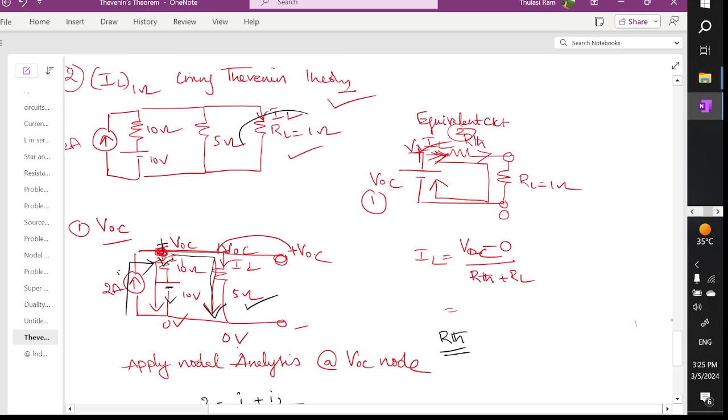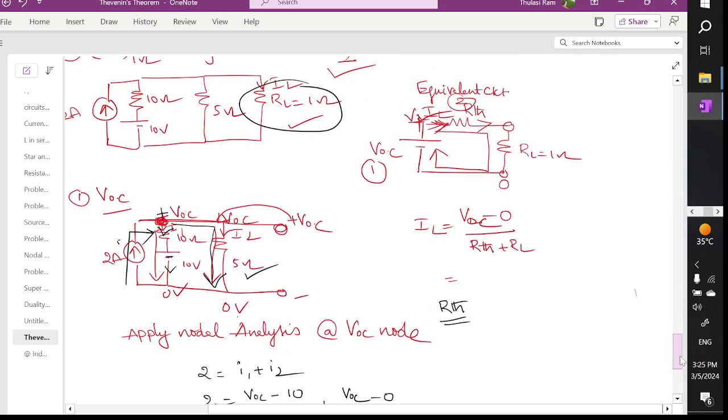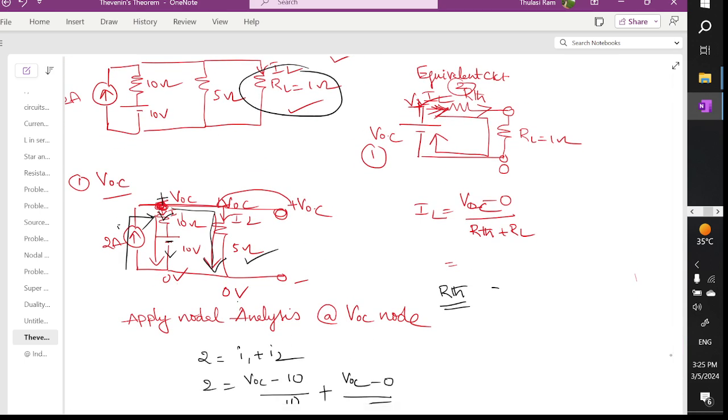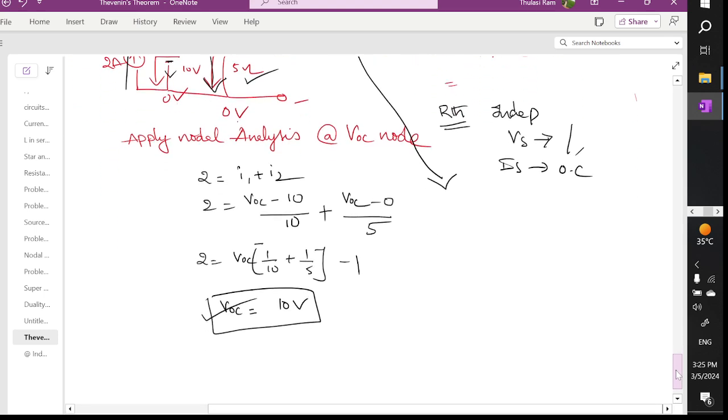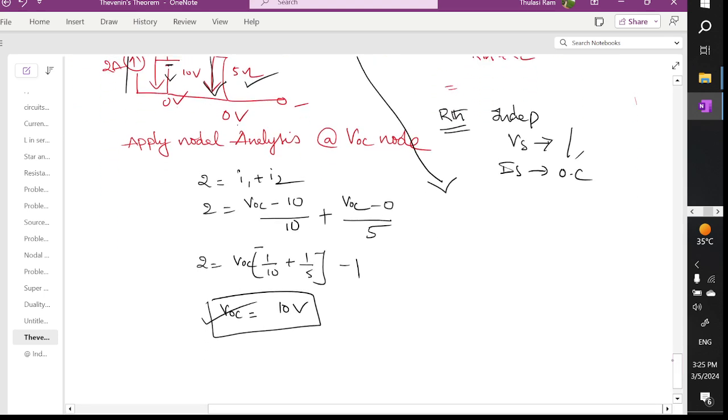You can see all the sources given are independent sources. So the voltage source you have to replace with a short circuit, and the current source you have to replace with an open circuit. If you redraw this network here, it will be like this. Okay, when you redraw it, it will be assembled like this.